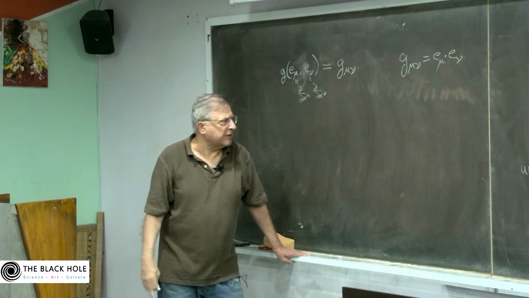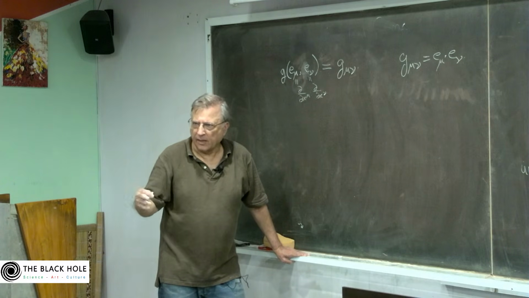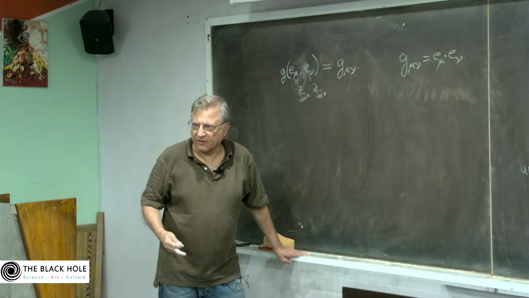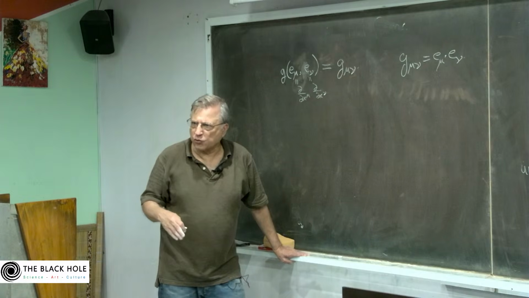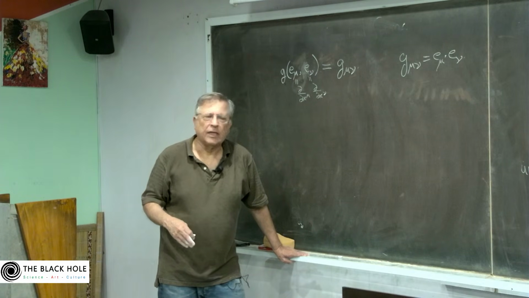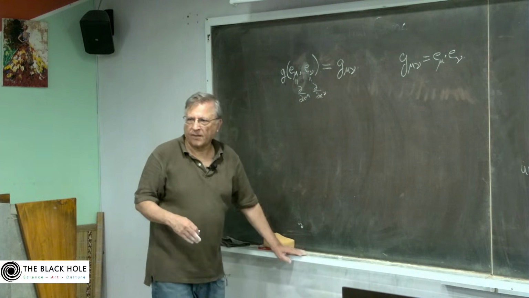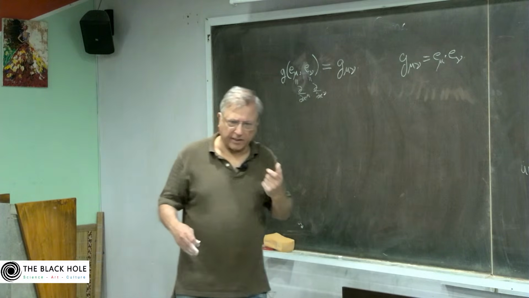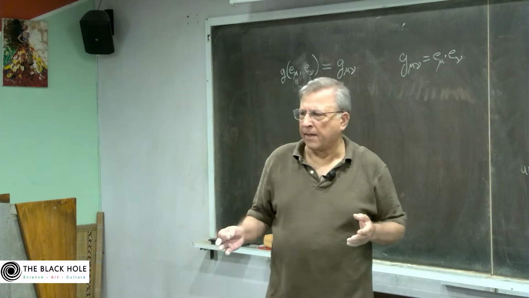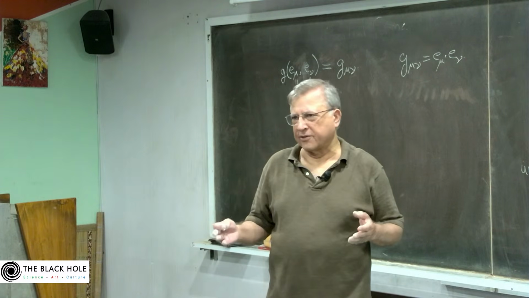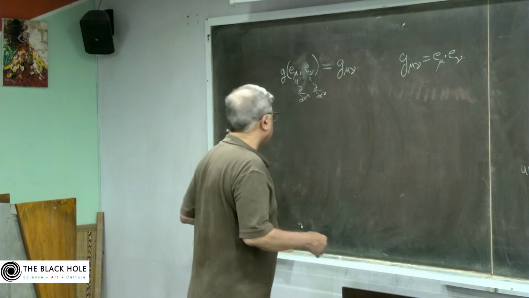Now the confusion is this. You ask me, on the sphere, how does this work out? I'll say, let's go to an even simpler situation. Instead of the sphere, let us look at the circle. The circle is S1, we're in 2D, but we're just looking at the circle.